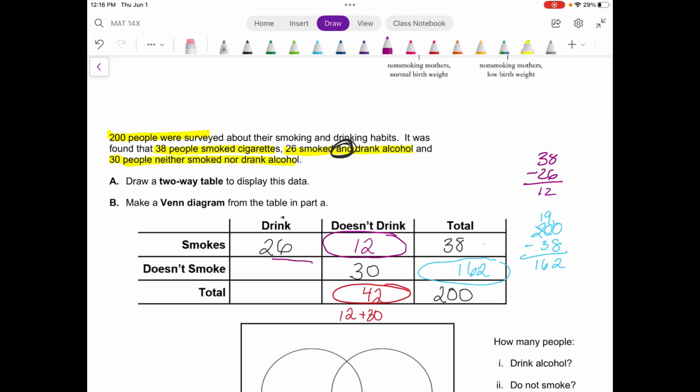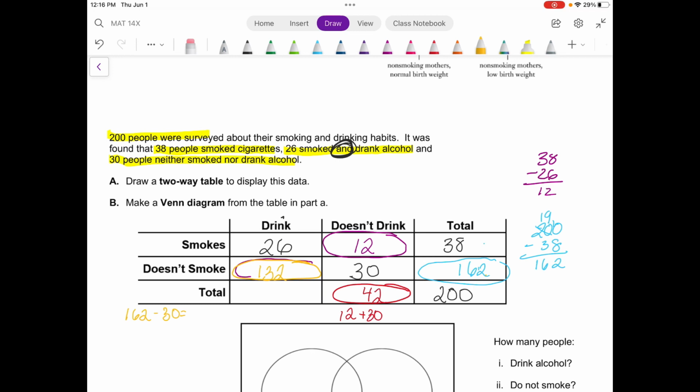And so for this column right here, I already used purple, so let's trade that to yellow. This box right here would be, something plus 30 equals 162, or 162 minus 30, and that would come out at 132 people who don't smoke.